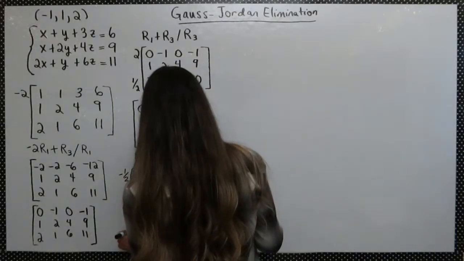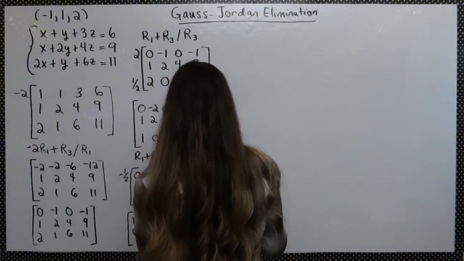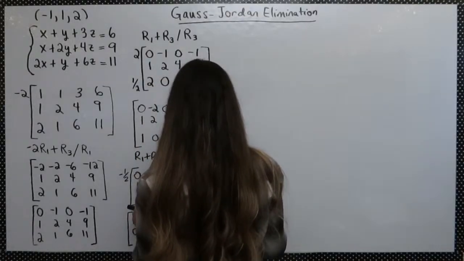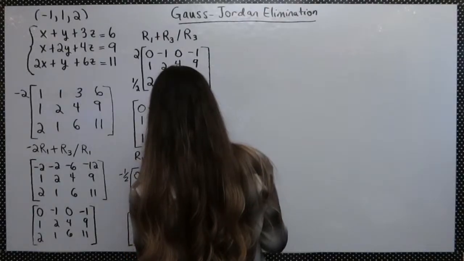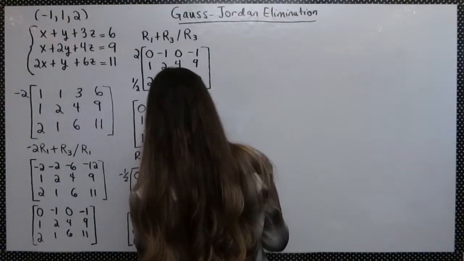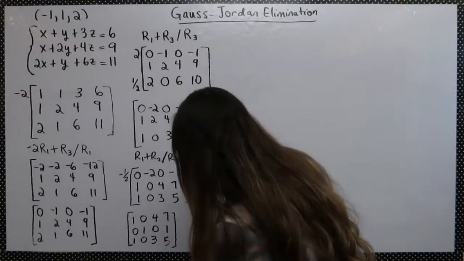Then we'll have 0, 1, 0, 1. And then finally, we're going to have 1, 0, 3, 5. And looks like I'm pretty close there.